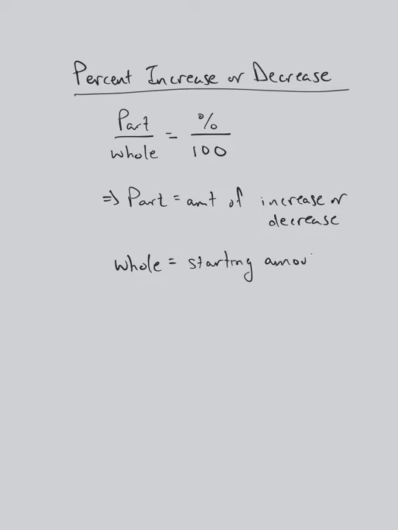All right, and so let's just look at an example of this. Say this is just a math example. We'll look at some practical examples in the next video, but say I have the number 8 is increased to 10.